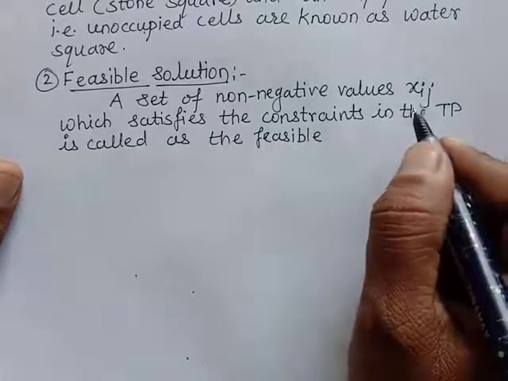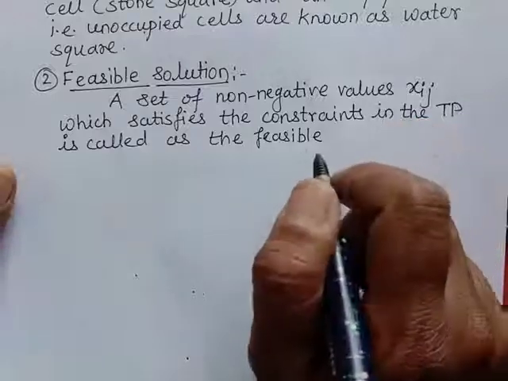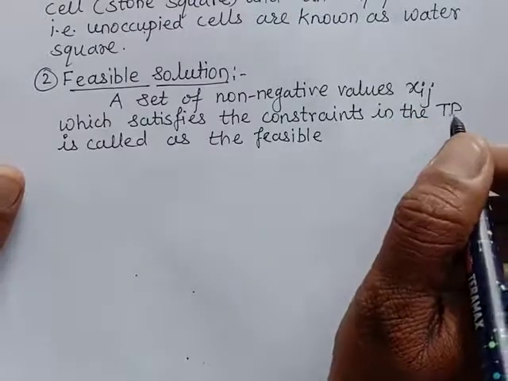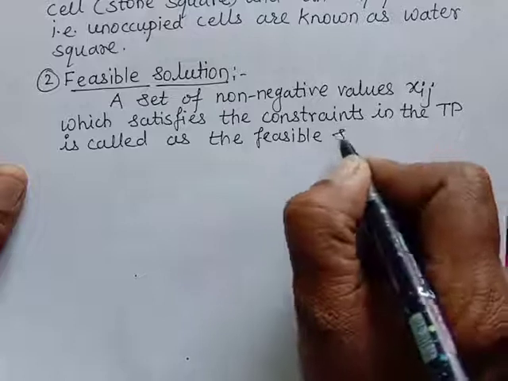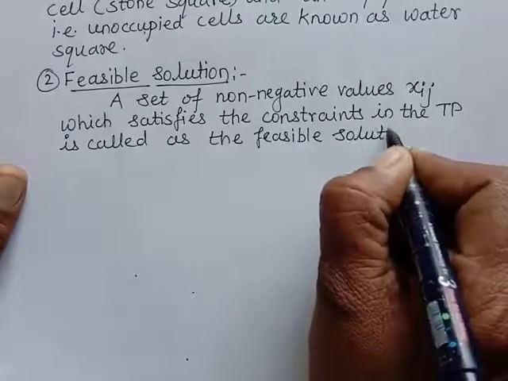The values of xij, the variables which satisfy the constraints of the transportation problem, are called the feasible solution. The same thing is in LPP also.